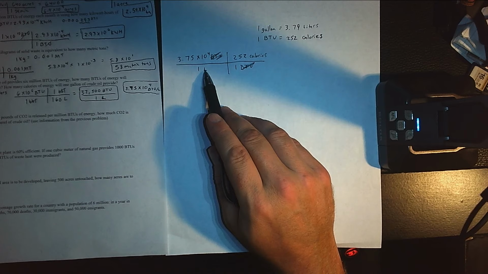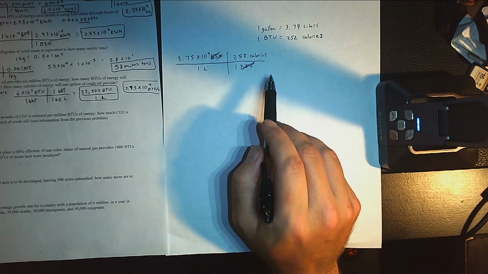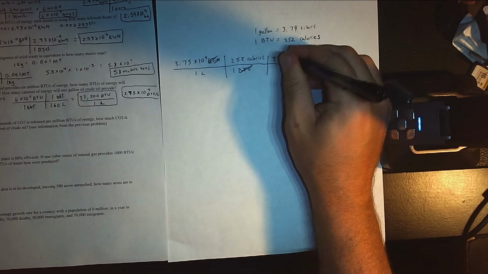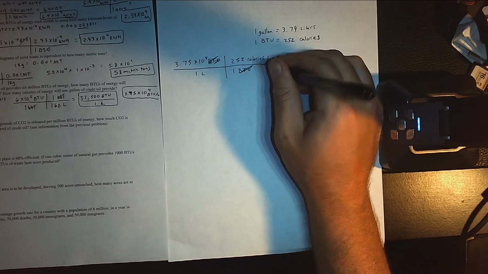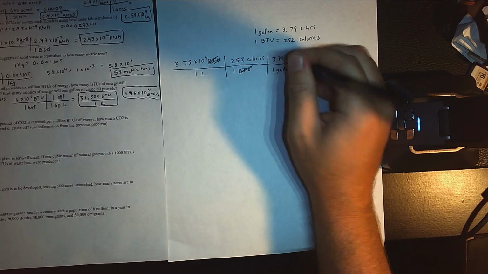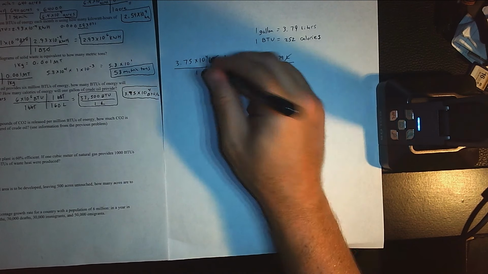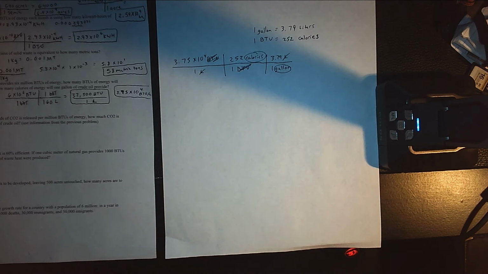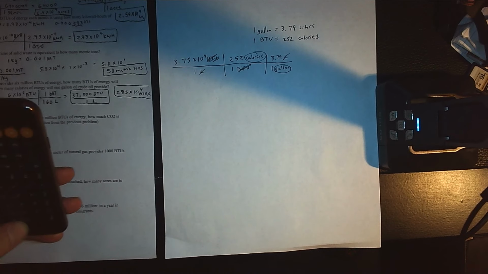I have liters on the bottom, so I need it on the top to change it to gallons. We know that 3.79 liters is the same thing as 1 gallon. Liters cancels out, and now I'm left with calories per gallon. Then we'll pull out our trusty rusty calculator and do this problem again.